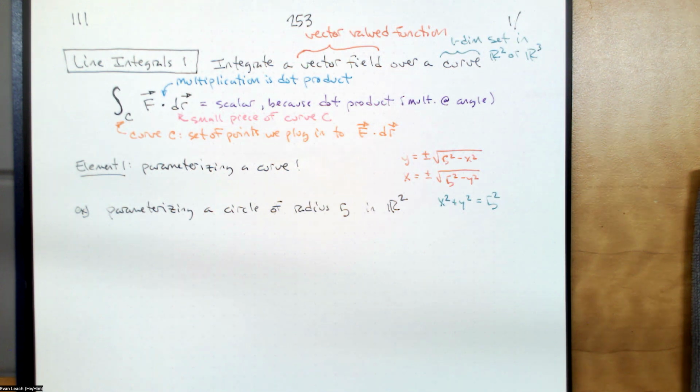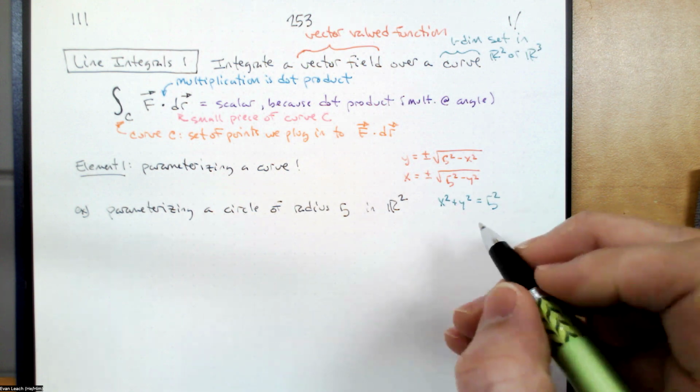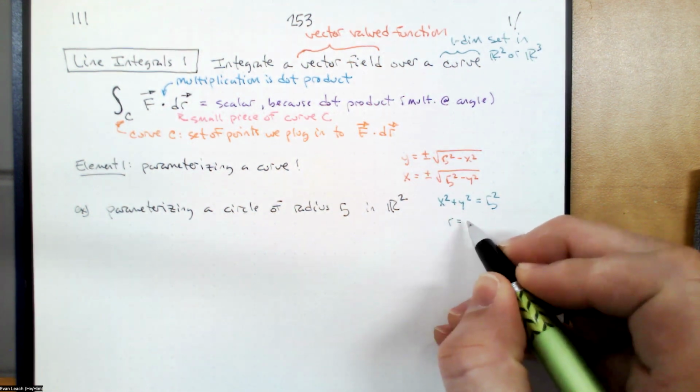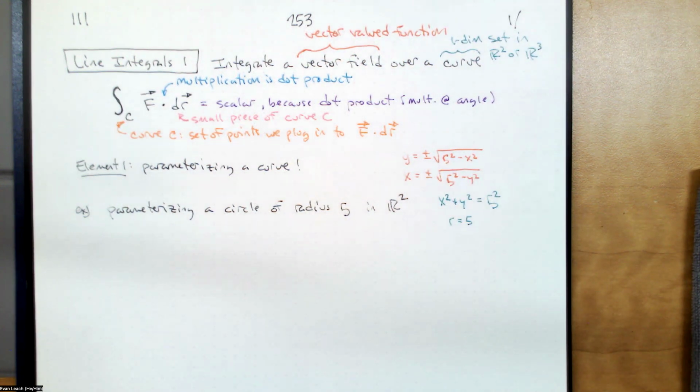I needed to drop the lowercase r because I was about to write the polar equation for a circle. Here's one equation for a circle in rectangular coordinates. We know this is very inconvenient because it's a round thing that we're describing with square coordinates. So we might want to use polar coordinates, round coordinates for our round thing. That's certainly more convenient. So we might just say r equals 5. So, rectangular or polar coordinates for an equation.